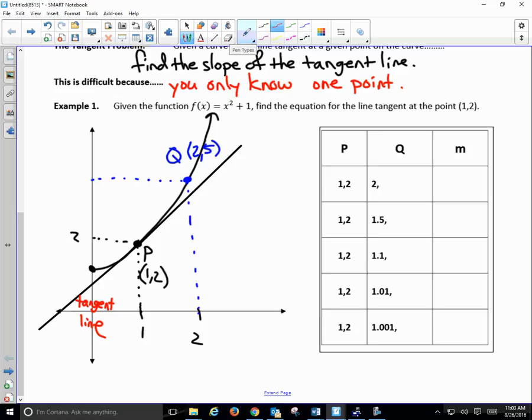I now have a different type of line. Is this line a tangent line? Tangent lines touch once. A secant line touches twice.